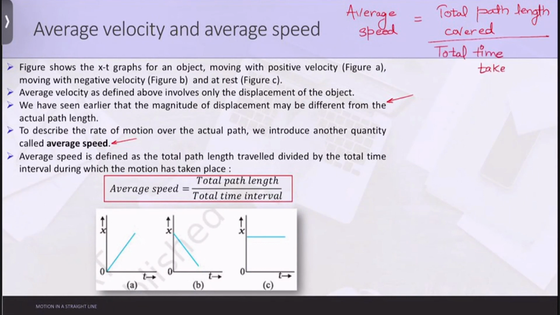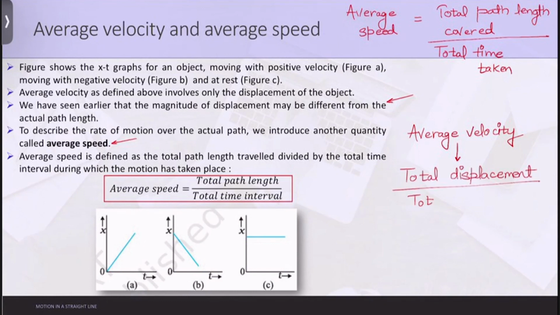Similarly, average velocity is nothing but total displacement upon total time taken. That is how you can define the average velocity and average speed concepts.